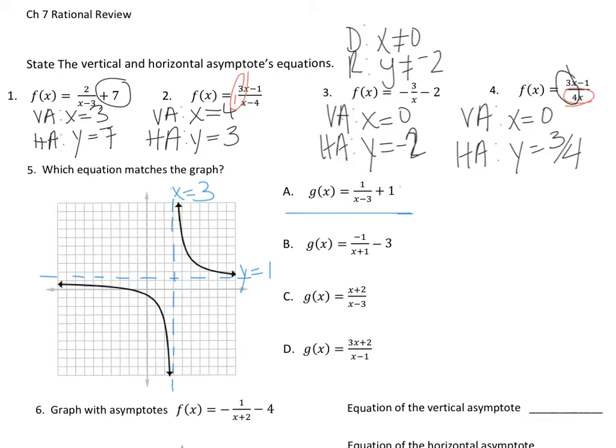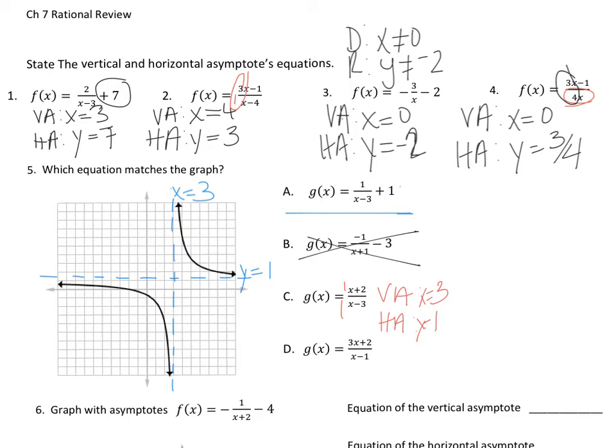B can't be correct because it has a horizontal asymptote at 3, so we'll cross out B. C, let's look at that one. It has a vertical asymptote at 3, and a horizontal asymptote at 1, so that could also be it. Y equals 1, x equals 3.